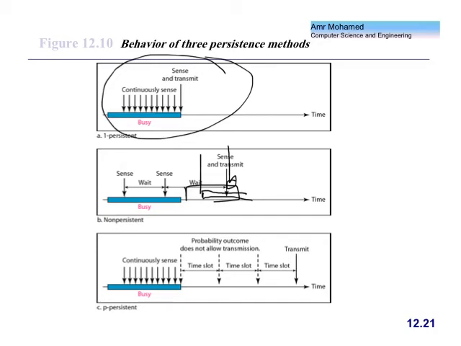Okay? So this one tries to resolve the problems in the two by utilizing the channel when the system is underloaded, and at the same time avoiding collision if the system is highly loaded. Okay? Any questions?